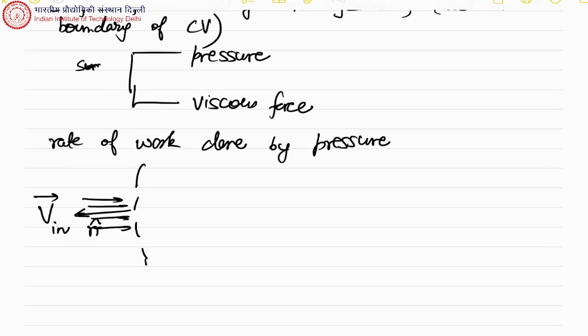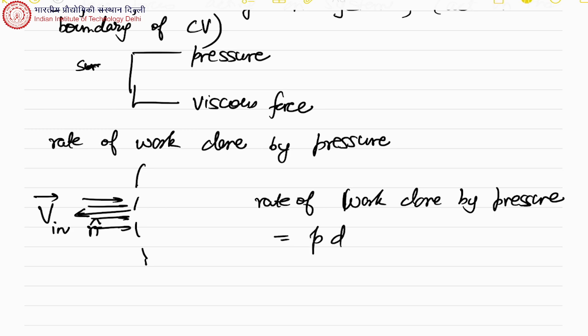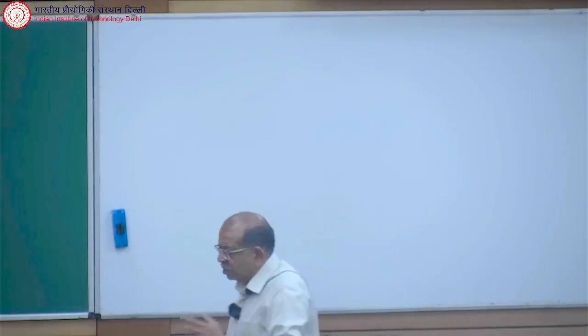Then what we find is the rate of work done by pressure is equal to P times dA times V normal. P dA is the force, and we look at the normal component of velocity, taking a dot product with V. So that will give me P dA times V normal. That is the magnitude.